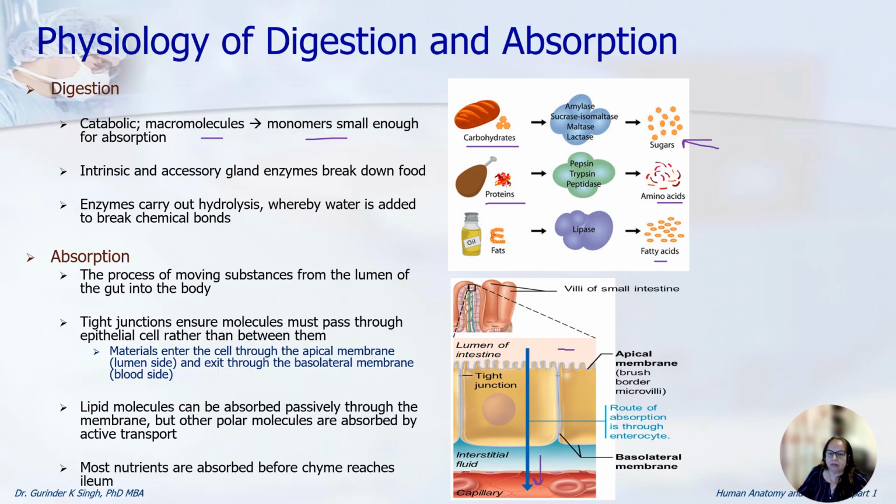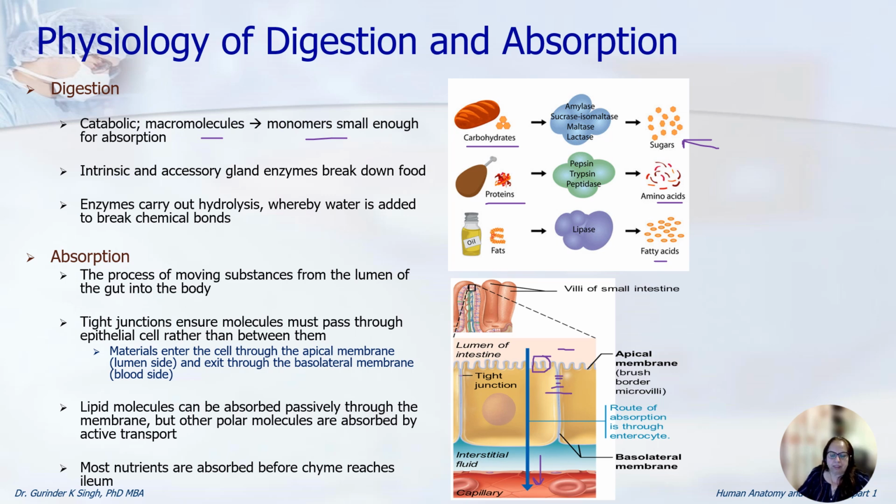Okay, so the substances are absorbed at the apical border, which we also call the brush border, and then they go through the cell and then they are released on the basolateral membrane, and from there they are taken up. Now the cells have lots and lots of tight junctions, so things do not just squeeze through this portion.